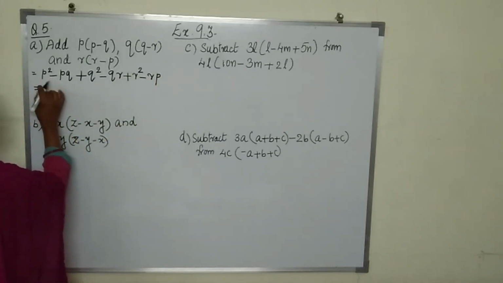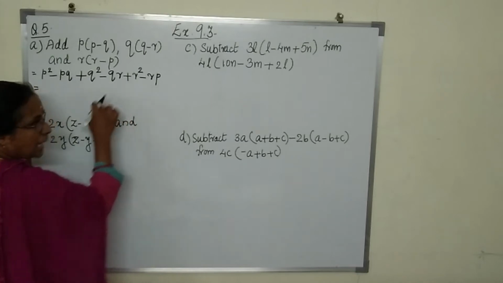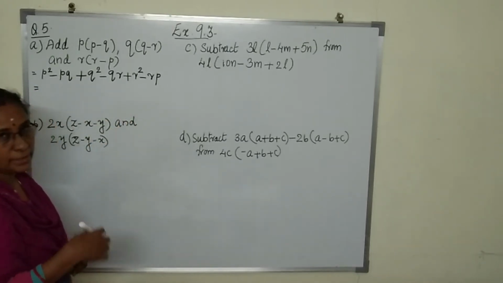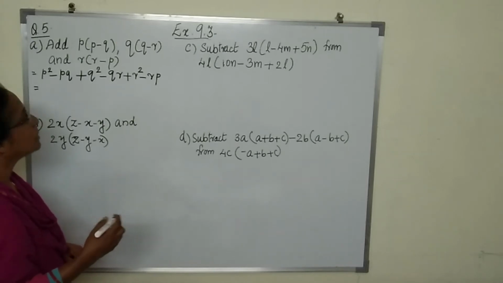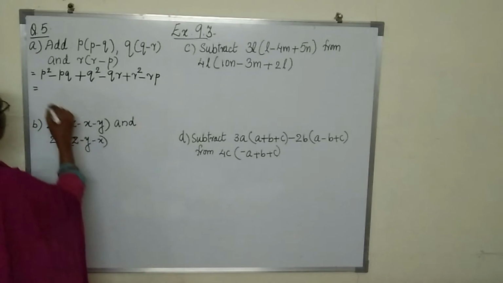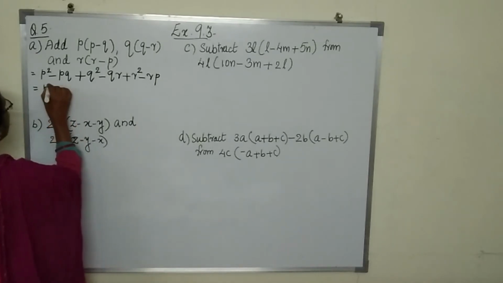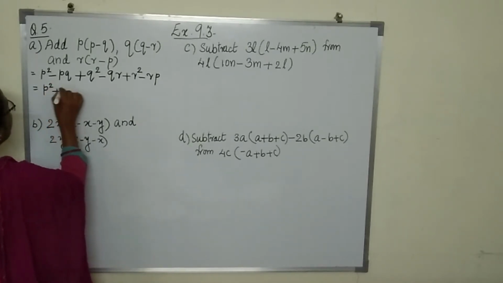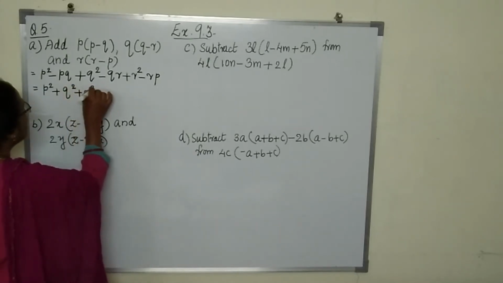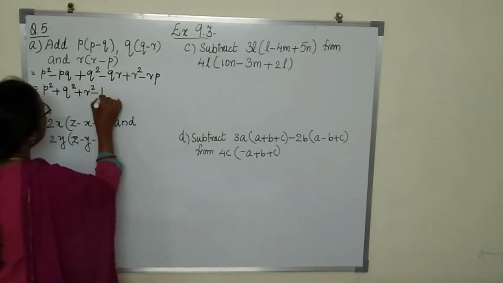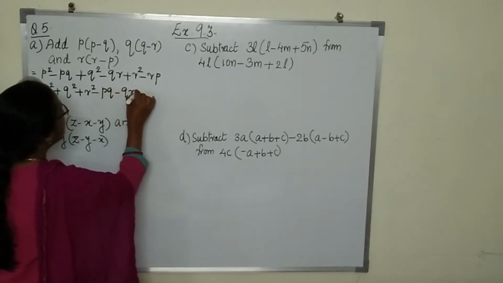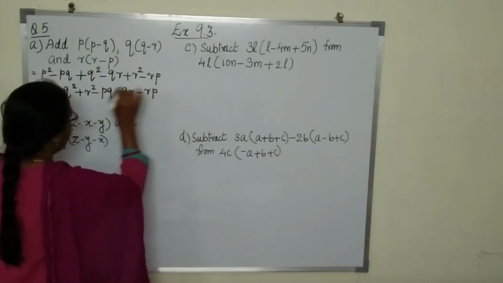Now if you check all the terms, all of them are unlike terms. So we don't have to add or subtract any terms. Here we can directly arrange them in an order. So we can write it as P square plus Q square plus R square minus PQ minus QR minus RP.